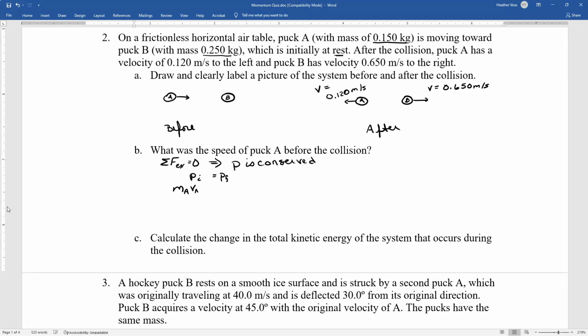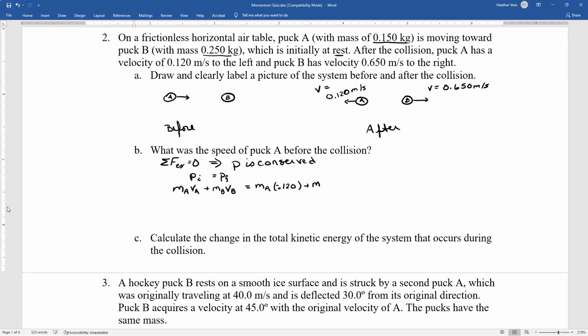So that means mass of A times velocity of A, plus mass of B times velocity of B before the collision, is going to equal mass of A times the velocity here, so negative 0.120. We have to keep in mind the sign.